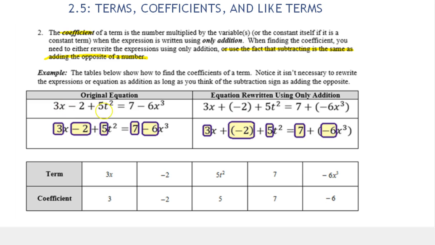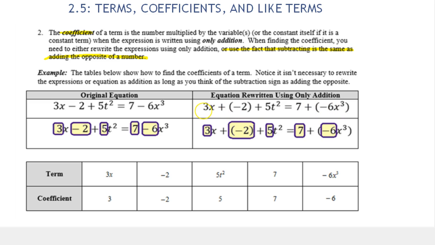Okay. So here's the equation from the previous page, and here I rewrote the equation using only addition. By that I mean, instead of subtraction, I wrote it as adding a -2. Remember, subtracting is the same as adding the opposite of a number. So subtracting 2 is the same as adding -2. There's one other instance of subtraction, so I changed that to adding a -6x cubed.